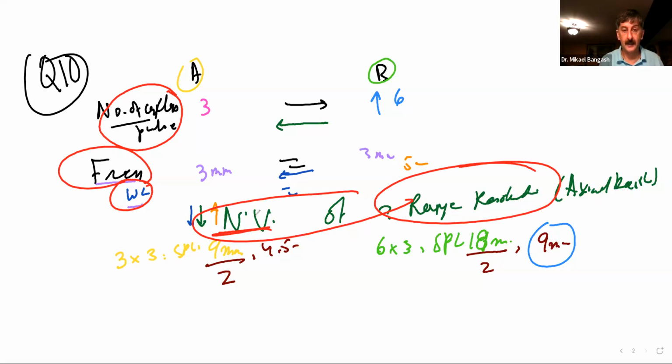Now, the reason that they put these two things, number of cycles and frequency, is because they have already mentioned those in the chapter. Where it says number of cycles is what we call ringing. And we always say frequency has a relationship to the resolution.